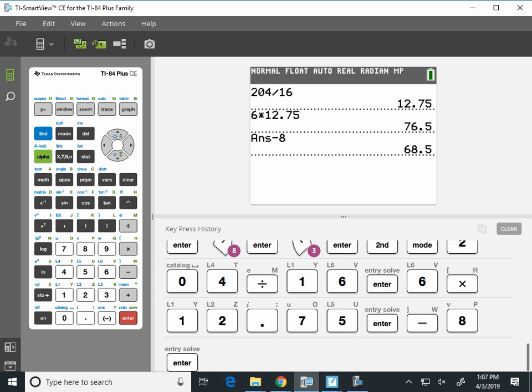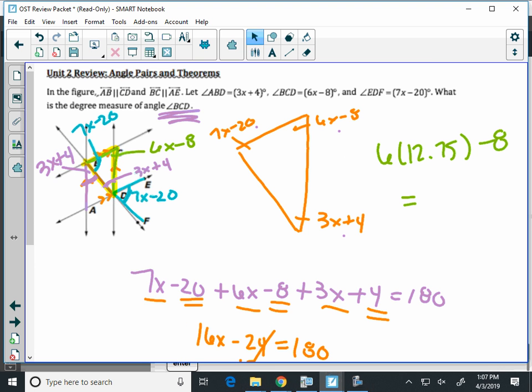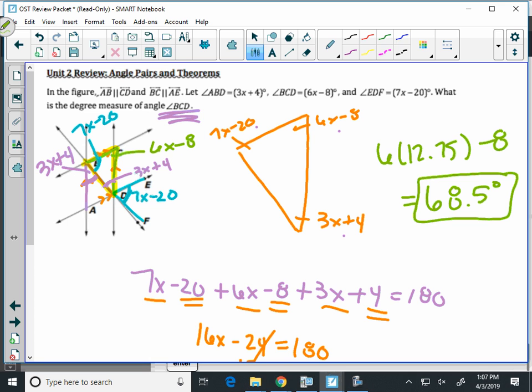And I get 68.5. So the measure of angle BCD is 68.5 degrees, and that is your answer. When asked for an angle or a segment, you have to plug x back in for that angle or segment, and then that is your answer.